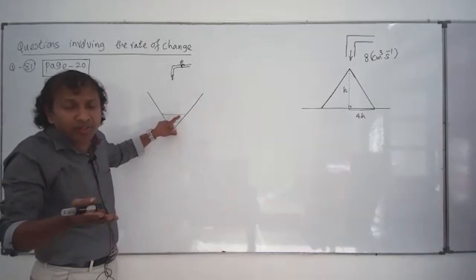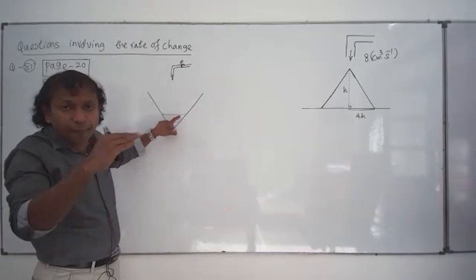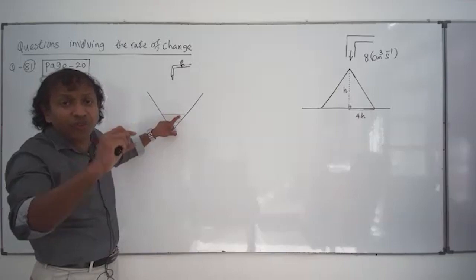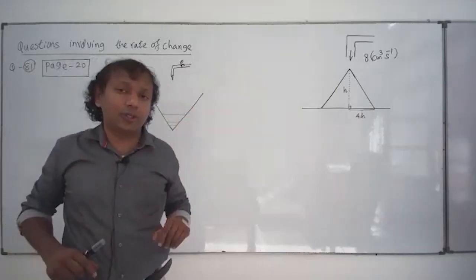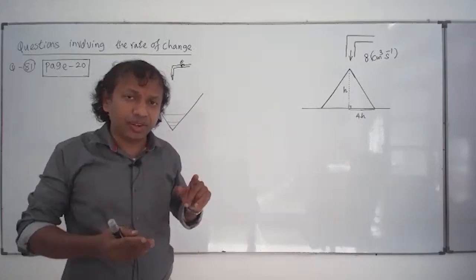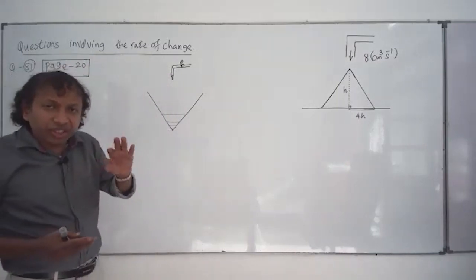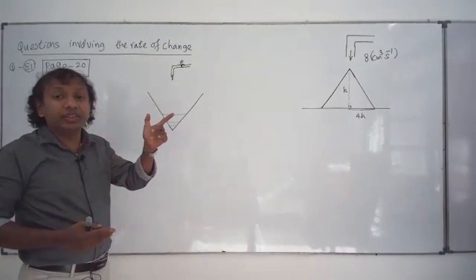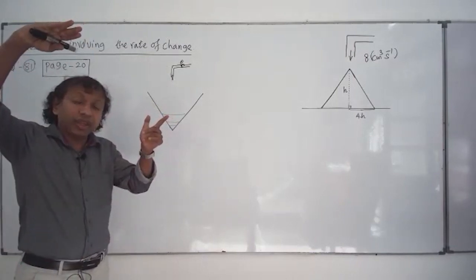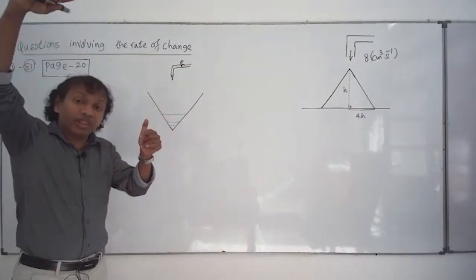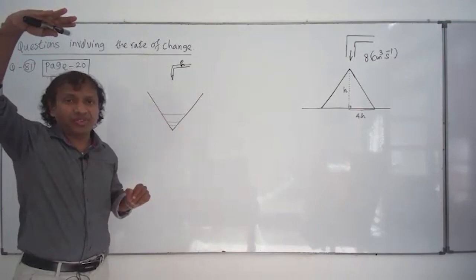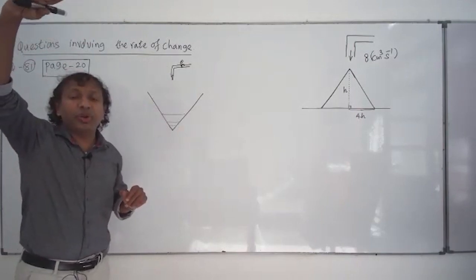During the second second, it increases by 8 centimeters, so the whole height is now 18 centimeters. In the third second, it increases by 6 centimeters, so the total height is 24 centimeters.